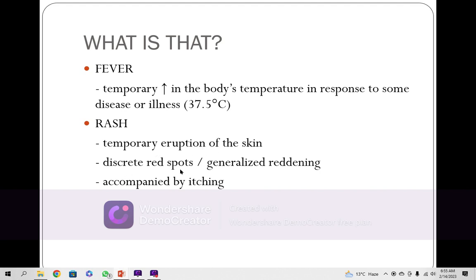Discrete red spots, generalized reddening, or other types of skin involvement may be there. It may be mostly accompanied by itching, and in some cases by pain around the rash.